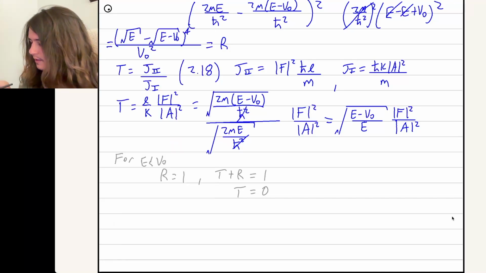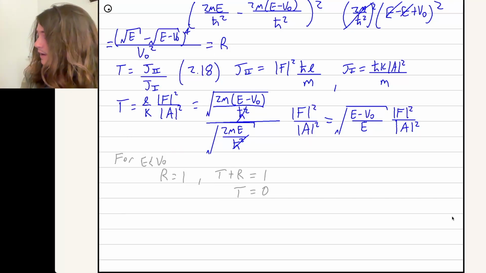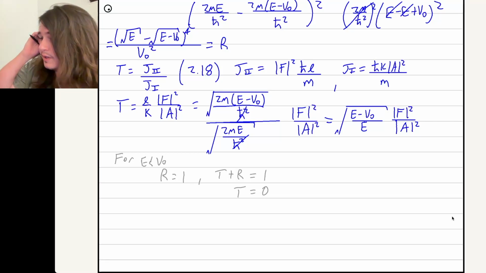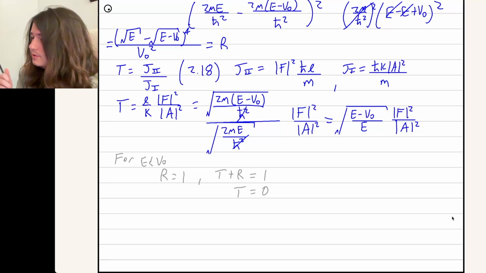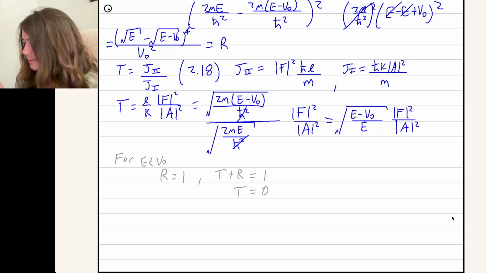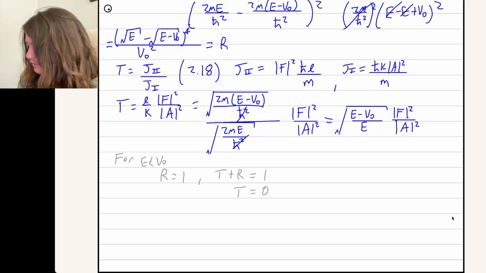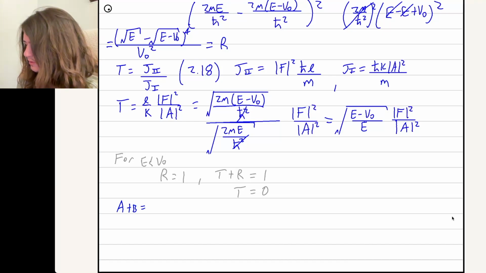So that's funny, but now we actually have to do this calculation of the transmission coefficient for the other case. So we have to get f squared over a squared somehow. So let's go back to the equations which we derived from the boundary conditions for this case. The first boundary condition entered in the equation a plus b equals f.